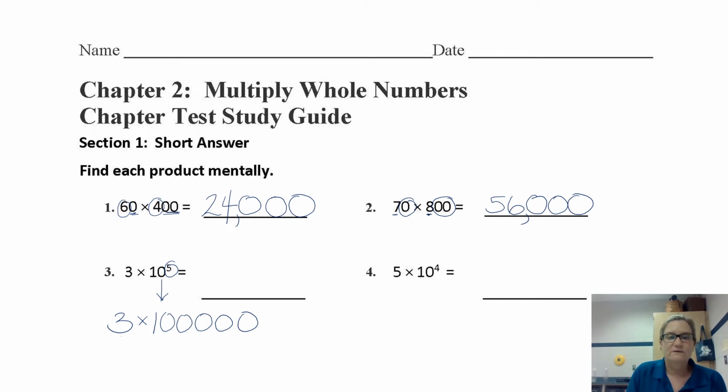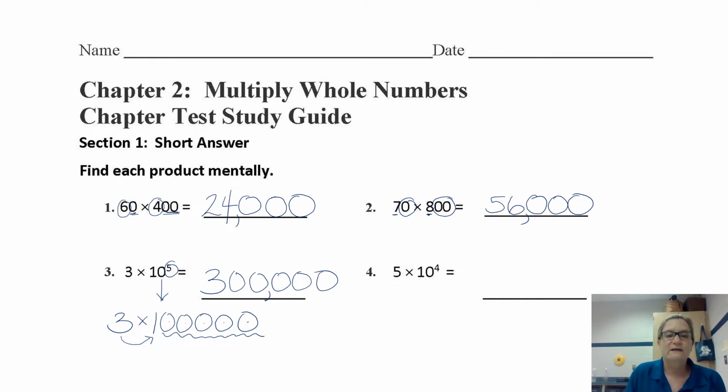So in this case, we're going to do 3 times 1. That's 3. And then we're going to add all of these zeros, which is 1, 2, 3, 4, 5. So that's 300,000.